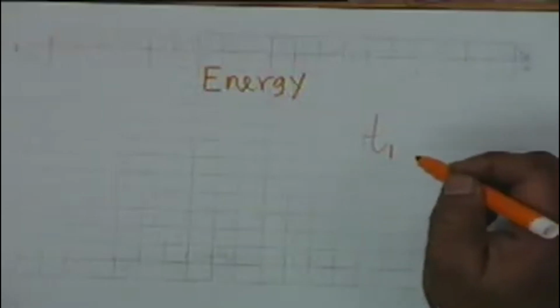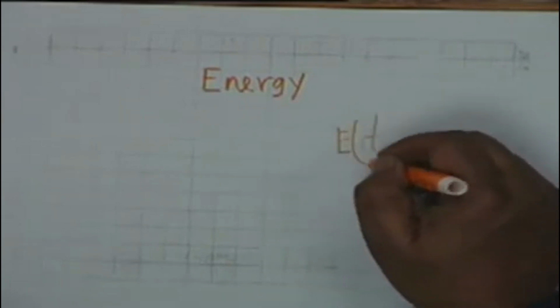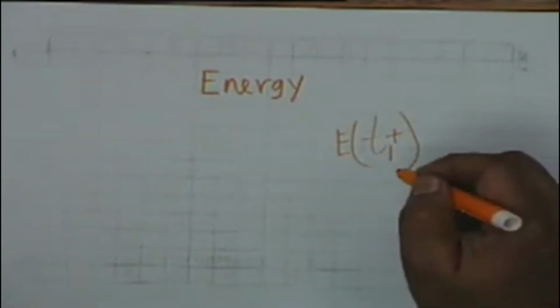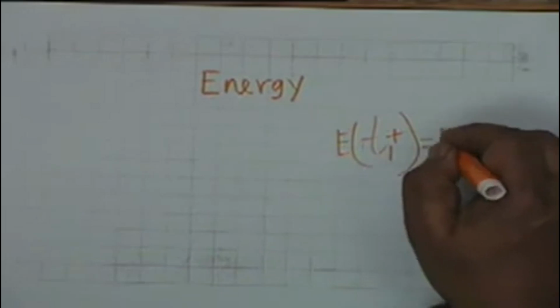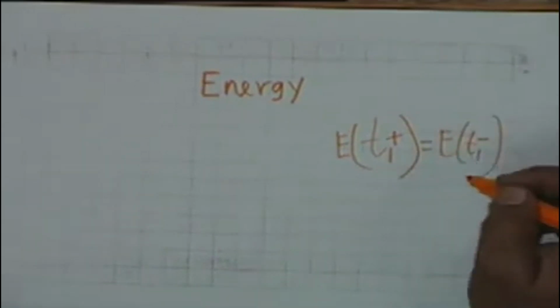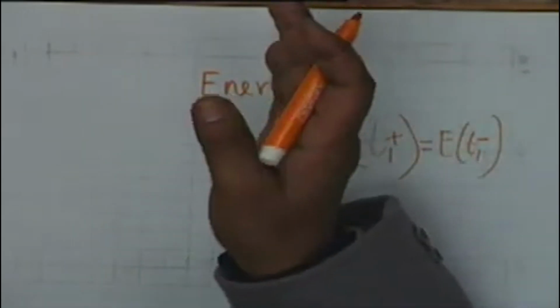So if you fix any time, let us say t1, then the energy at t1 plus must be equal to the energy at t1 minus. In other words, whatever the energy is just before t1 must be the same as just after t1.